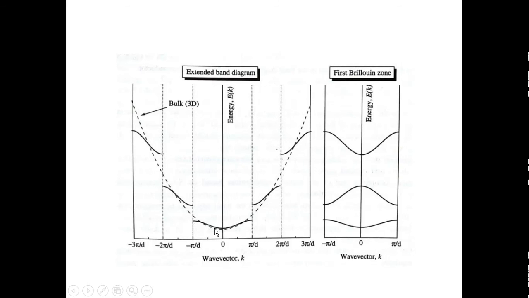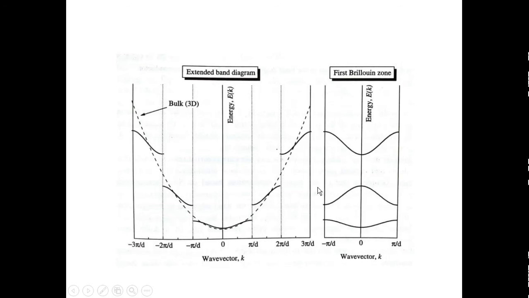So if you consider the Brillouin zones between minus pi by d and pi by d, this is the extended energy band diagram in the first Brillouin zone. It is shown like this. In the first Brillouin zone, this band comes like this, goes like this, then increases and goes like this, and reaches here.